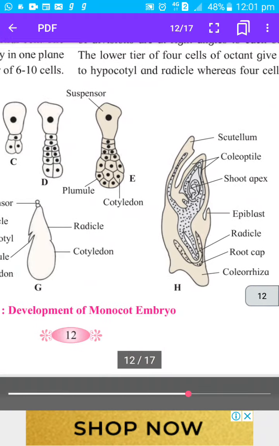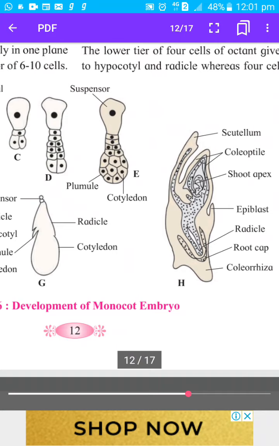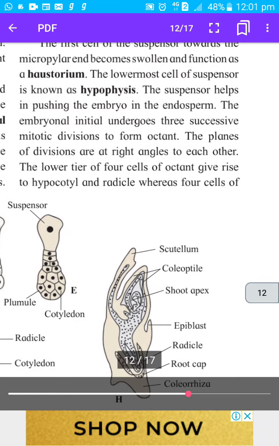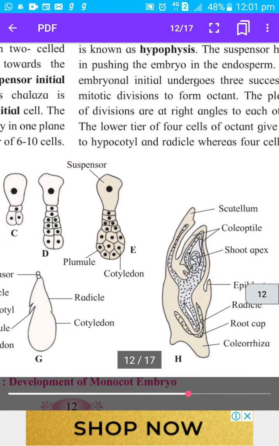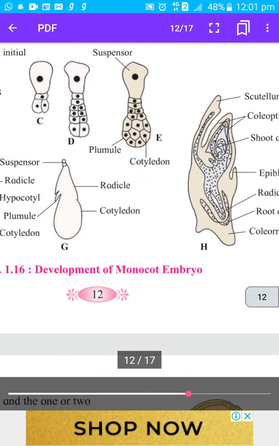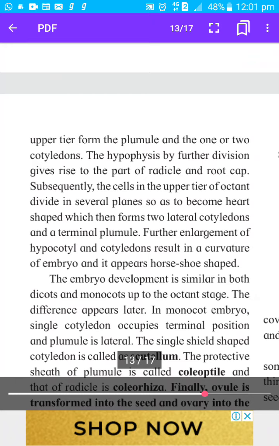Radicle, you know, is the part of the developing embryo under the soil which will develop into root. Understood? So out of 8 cells, the upper 4 cells will grow above the soil to form stem, leaves, etc., and the lower 4 cells will develop into radicle, which will further develop into root and root tip.